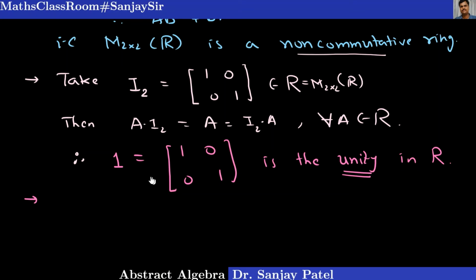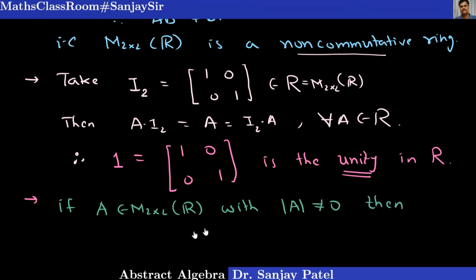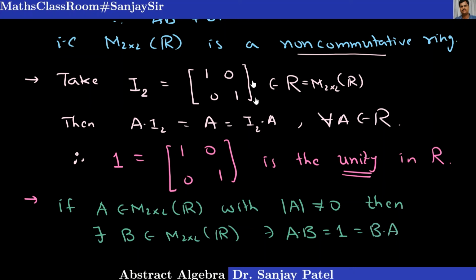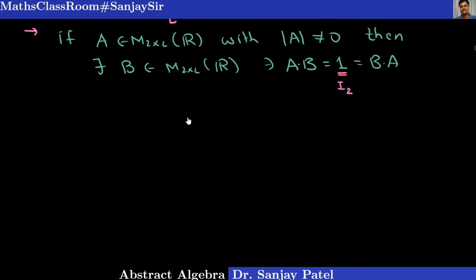And for the operation of matrix multiplication, we have already studied in the previous courses that if A is a matrix with mod of A, that is the determinant of A, not equal to 0, only then there exists another matrix B belonging to M2x2(R) such that A into B is equal to 1 is equal to B into A. What is this 1 here? This 1 is I2, the identity matrix.